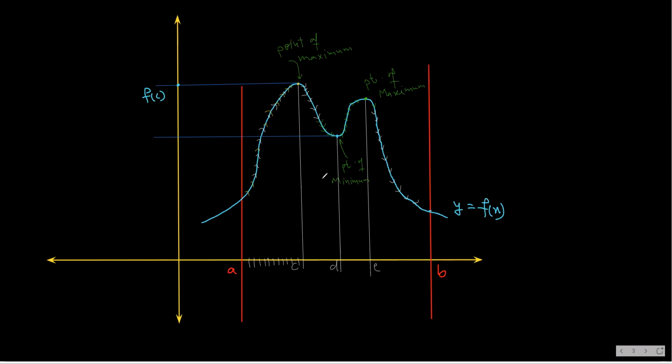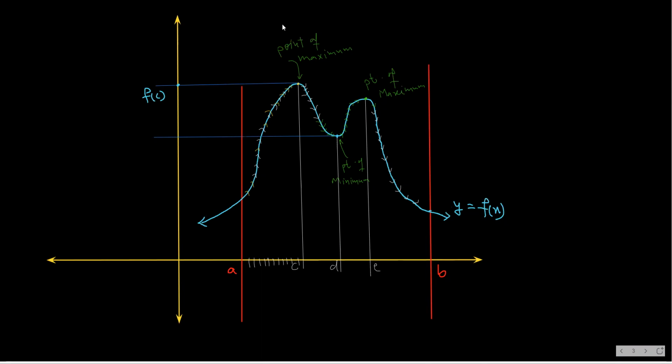Remember students, there is no hard and fast rule. There can be any number of maximums and any number of minimums in an interval considered. Like I considered the interval from a to b. Before a and after b, I'm not bothered.